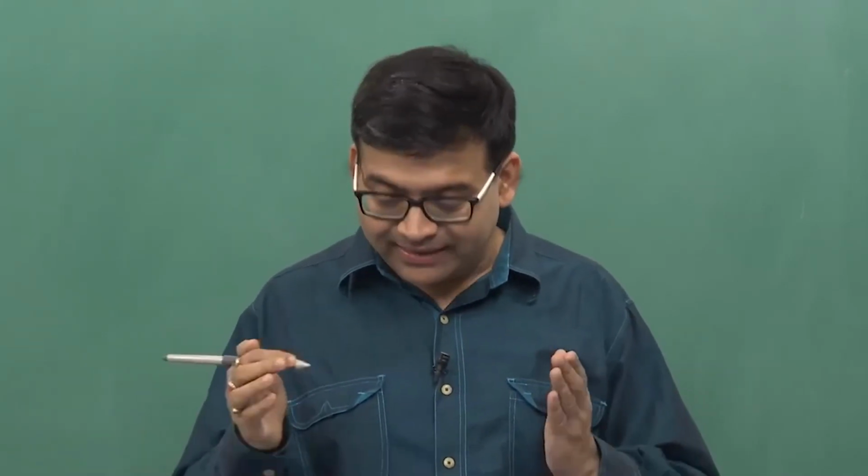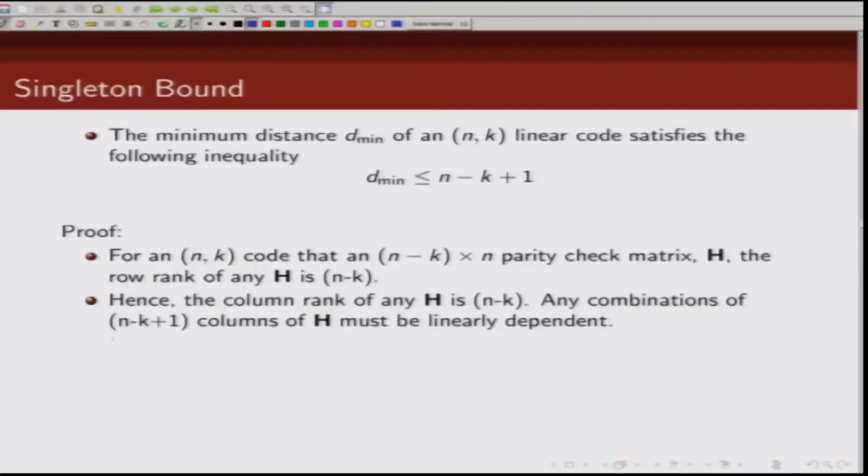Now, if the column rank of parity check matrix H is n minus k, that means if we take n minus k plus 1 columns, they must be linearly dependent, right.